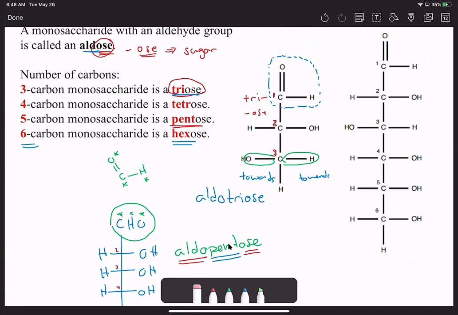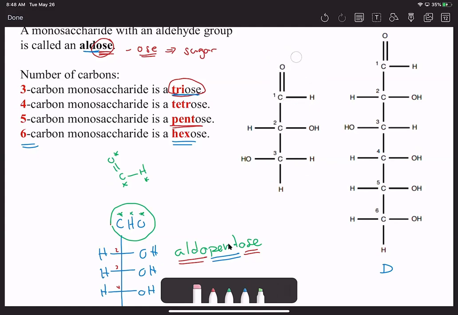Let me erase some of this stuff up here. This is definitely the D isomer. And if we take a look at the next one, is it D or L?